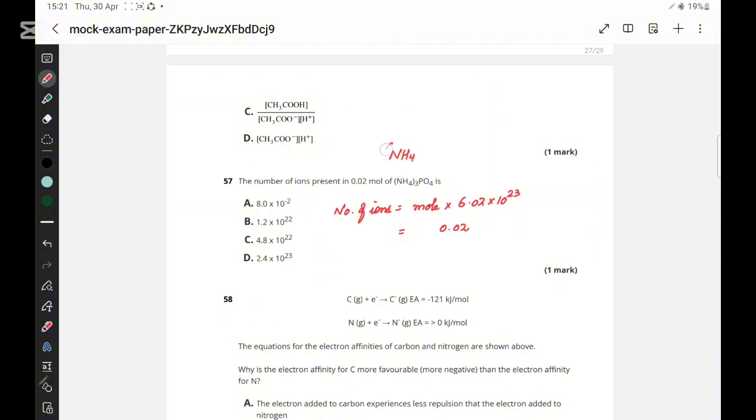This is ammonium phosphate, and they are forming 3 moles of ammonium ions plus phosphate ions, PO4 minus 3. So the total ions are 4, so we have to multiply 4 times 0.02 times 6.02 times 10 to the power 23. So our answer is going to be 4.8 times 10 to the power 22. So our answer is going to be C.